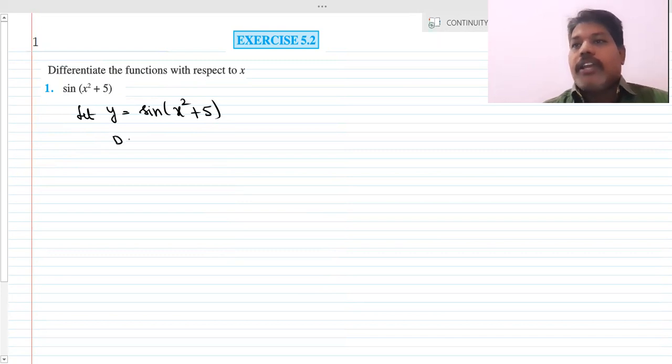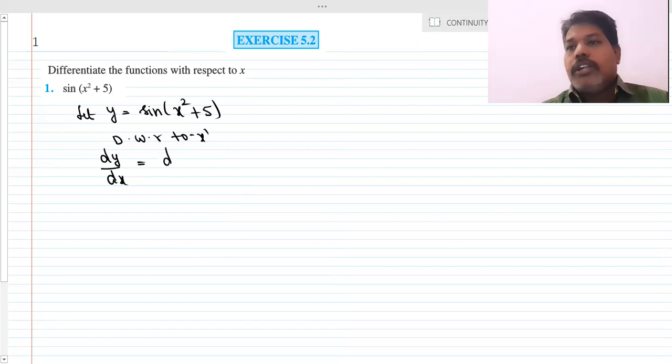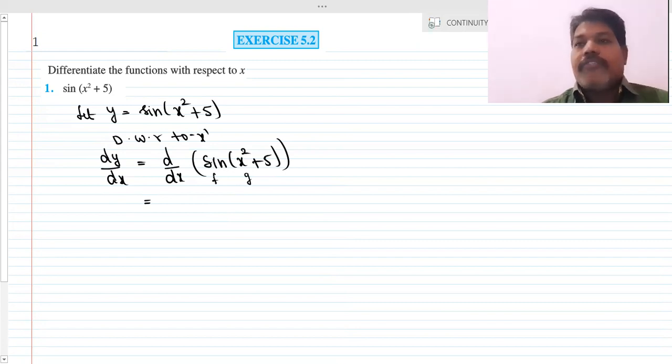Differentiate with respect to x. What happens, students? dy by dx is equal to d by dx of sine of x square plus 5. It is f and it is g, so f of g of x.